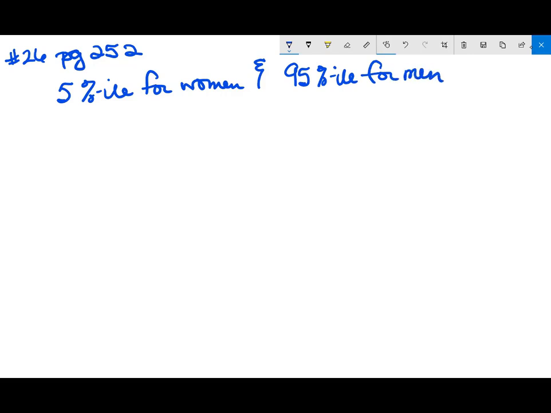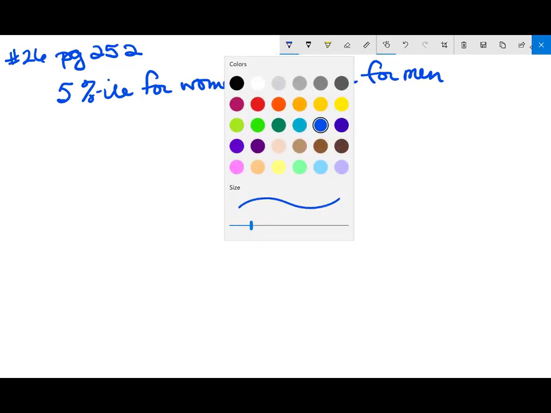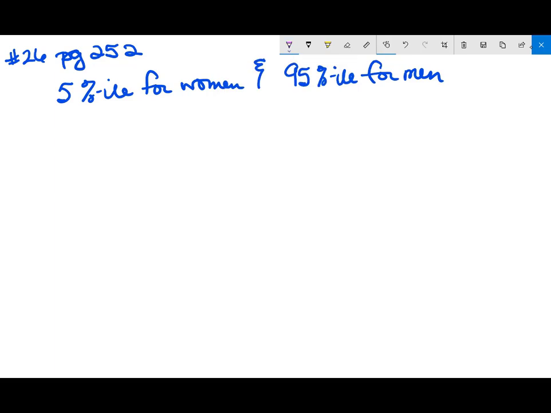Okay, so I'm going to use a little color coding here. So let's do for women, we know that we're looking for knee heights.